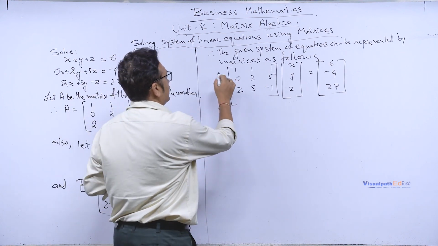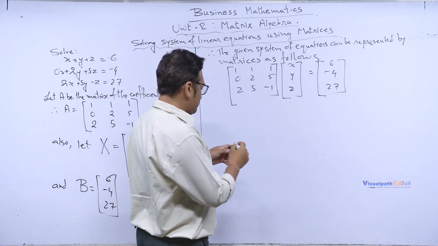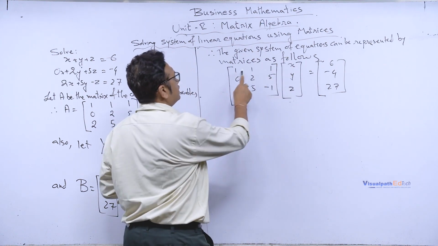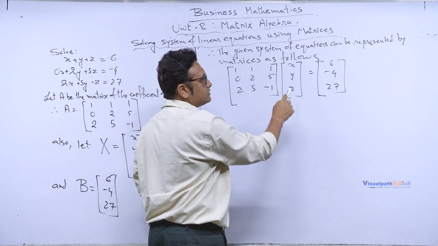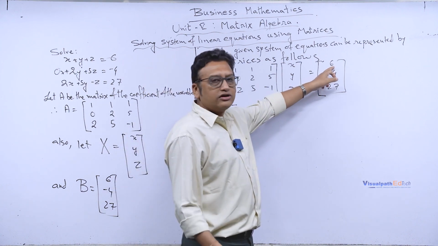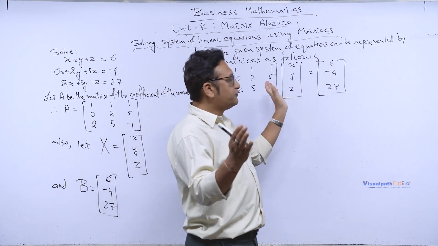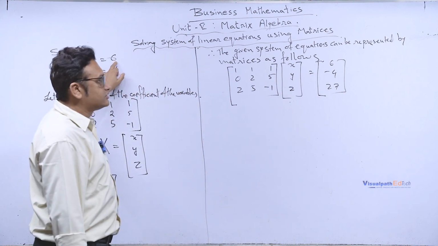Now we know how to multiply matrices. In case of multiplication of matrices, first we multiply row into column. So if you multiply these two matrices, 1 into x, x, plus 1 into y, y, plus 1 into z, z, we'll get x plus y plus z is equal to, on the right hand side, the first element 6. So we get the first equation, x plus y plus z is equal to 6.